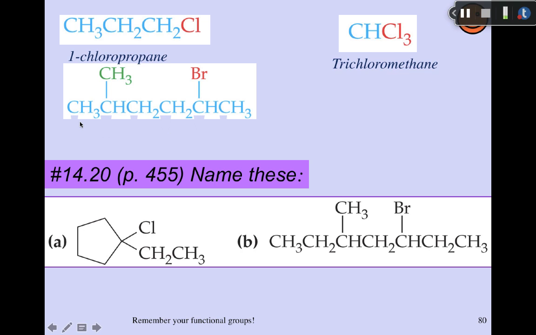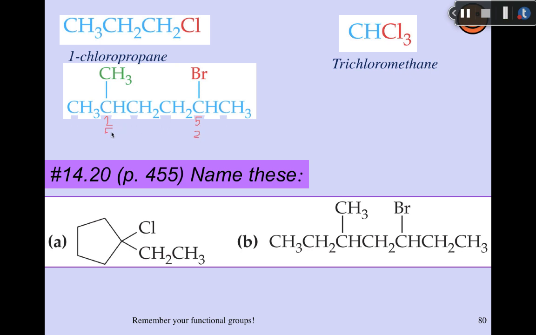The one in the middle on the left is also from your text, worthy of a moment's conversation. If you consider how many carbons are present, there would be 1, 2, 3, 4, 5, 6 across. Yes? And so either way you count it, the substituents are going to be on a 2 and a 5, and you have to choose which one is going to get the 2 and which one's going to get the 5.